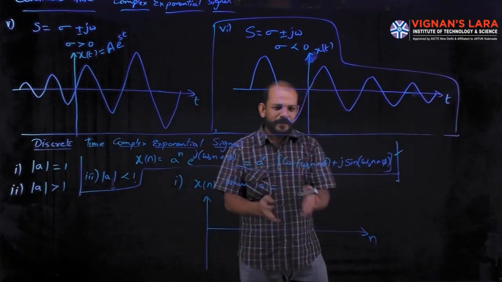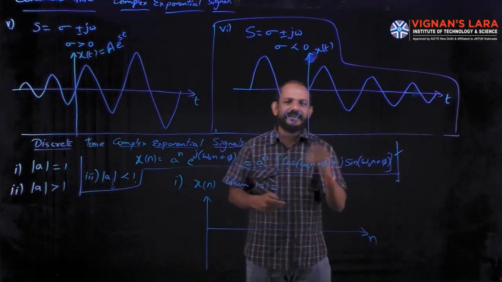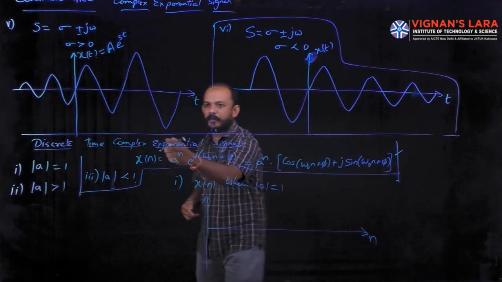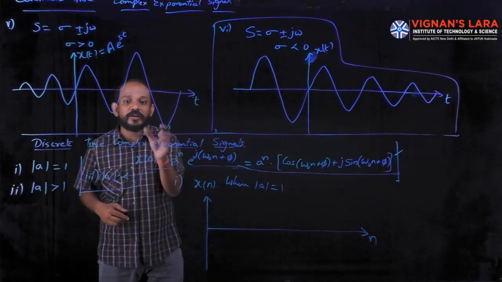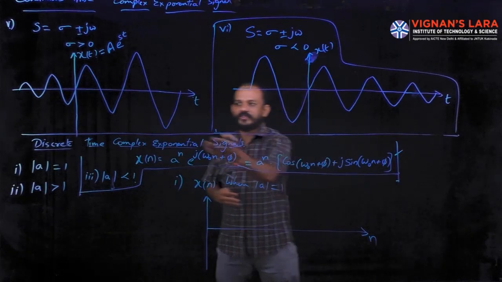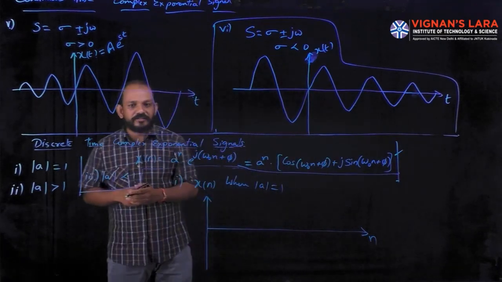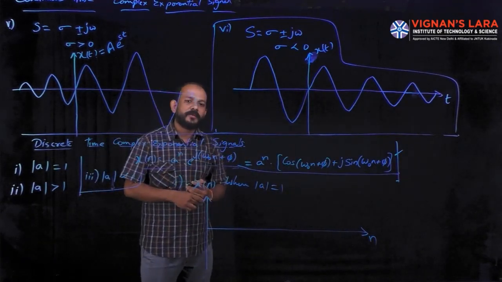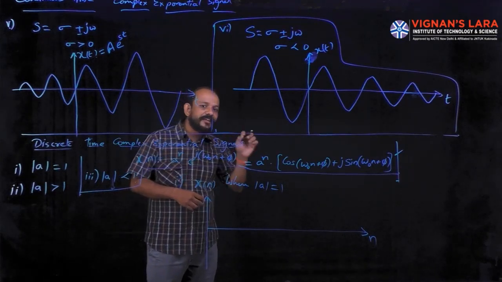Simple. Here both the real and imaginary parts of this discrete time complex exponential signal are sinusoidal. So the shape of the signal will also be a discrete sinusoidal.